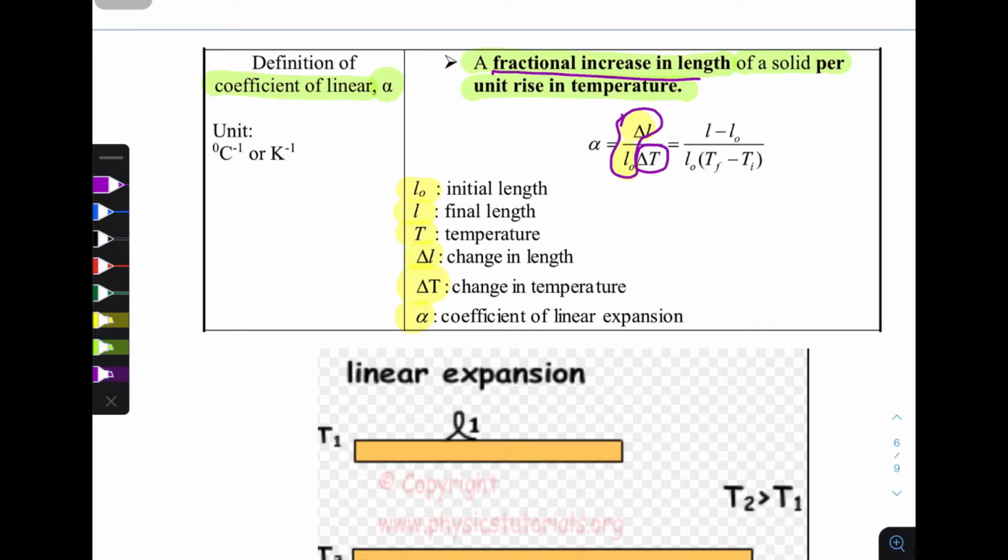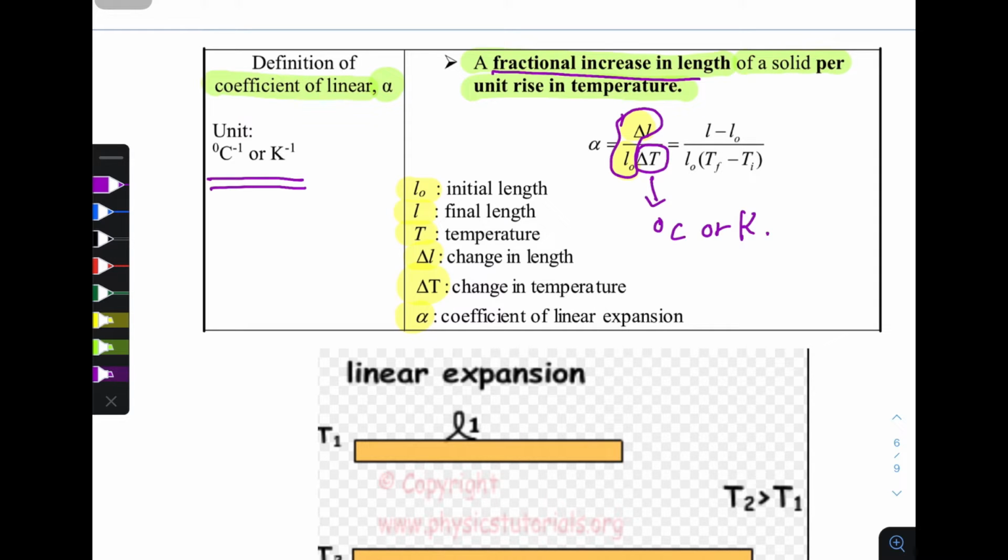Delta T ni unitnya akan jadi sama ada degree Celsius atau Kelvin. Bila per, yang kamu akan dapat unit untuk alfa sama ada per degree Celsius ataupun per Kelvin.